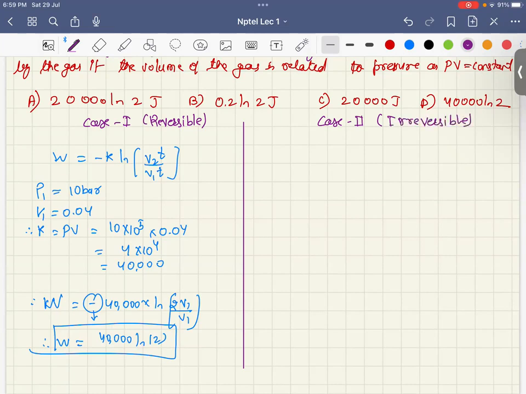In that case, W is going to be minus integral PdV.